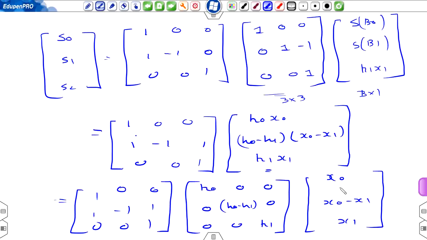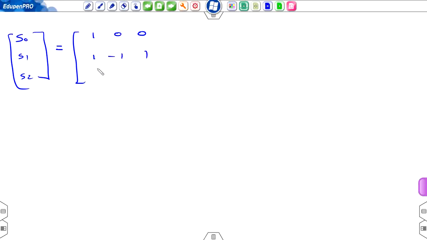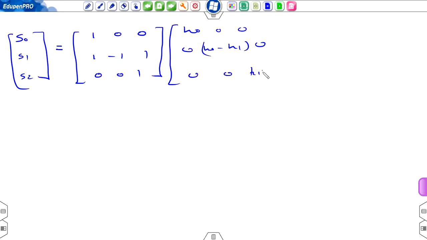And finally decomposing this matrix. Okay, so decomposing this into x0 and only x1. So I have s0, s1, s2 on the left hand side, and matrix 1 0 0, 1 minus 1 1, 0 0 1 as it is, and h0 0 0, 0 h0 minus h1 0, and 0 0 h1 x1, and separating x0 and x1.